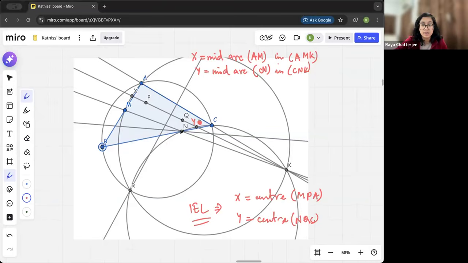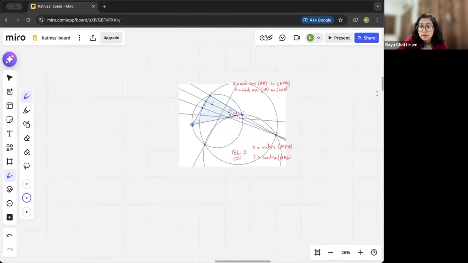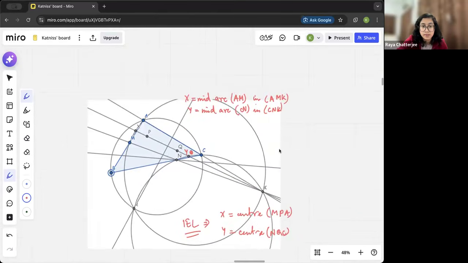Also notice that RNC and RMA triangles are congruent. So the point is that angle RMA is equal to angle RNC. Okay.